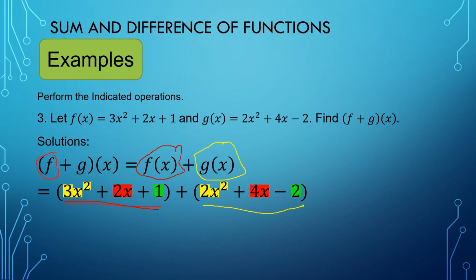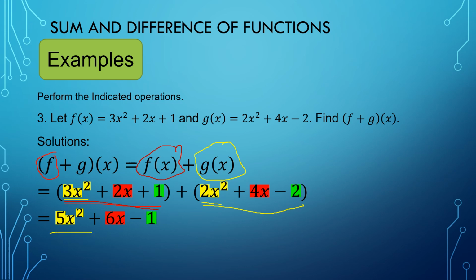Again, we can add similar terms. So 3x squared plus 2x squared is equal to 5x squared.